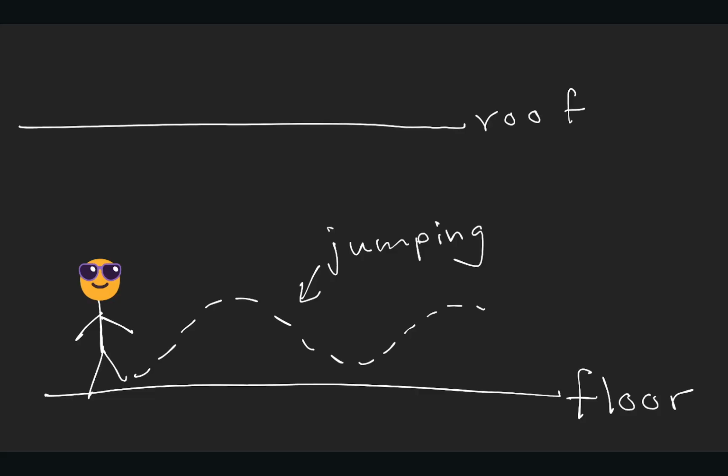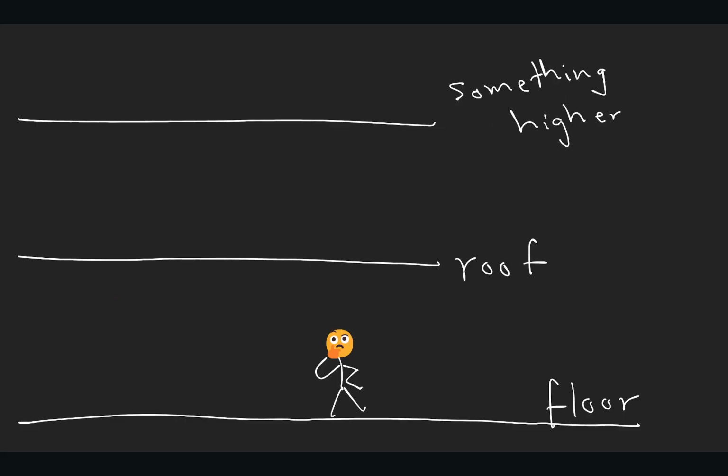That means you will always be below any other margin that's higher than the roof as well. So you can say you're jumping between the floor and any margin higher than the roof.